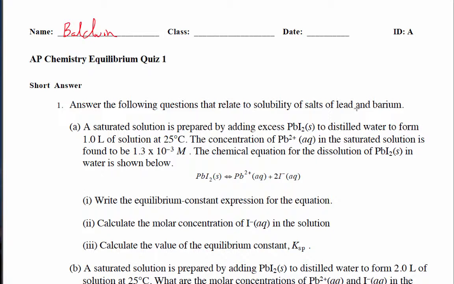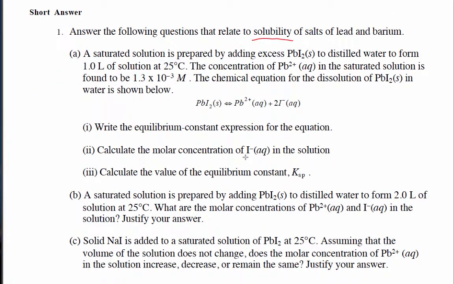Now, as we look at number one, it says answer the following questions that relate to the solubility of salts of lead and barium. As soon as you see that word solubility, as soon as that word enters even into the mix, we're going to look at what we call the solubility product.